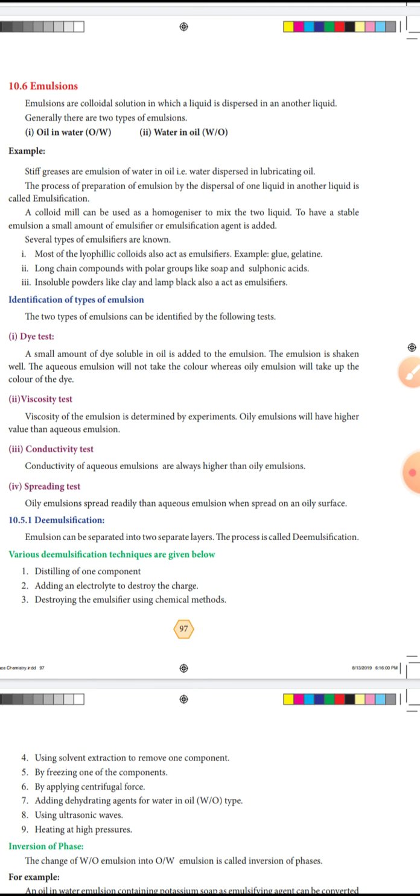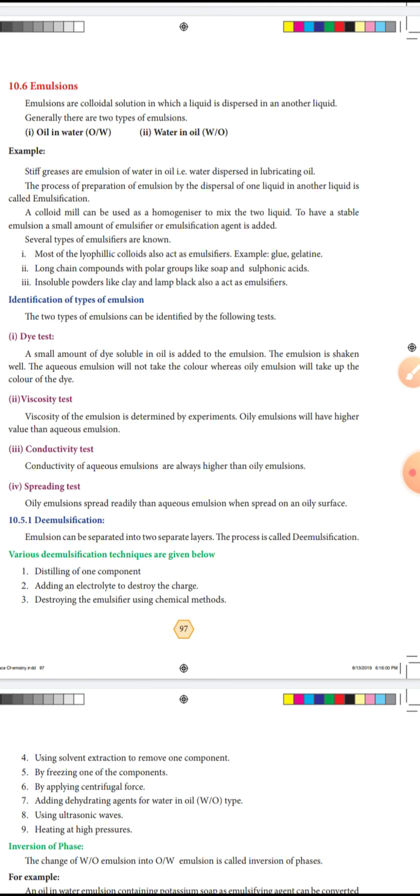So next one, inversion of phases. The change of water in oil emulsion into oil in water emulsion is called inversion of phase. Water W/O changes into O/W, that is inversion of phases.